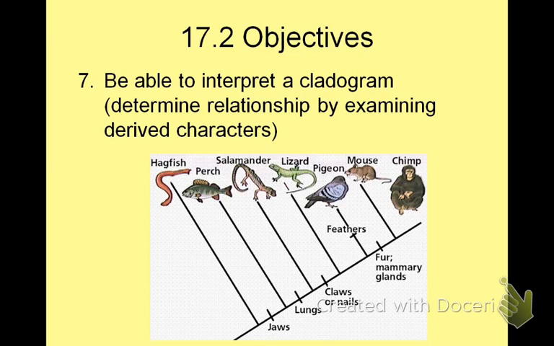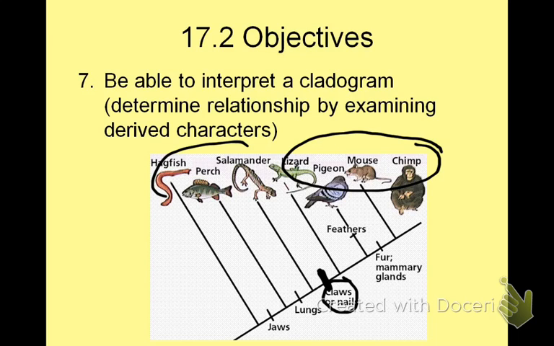Then we have claws or nails. The salamander doesn't have these. So this derived character divides the salamander, the perch, and the hagfish from the lizard, the pigeon, the mouse, and the chimp. So that divides the cladogram into two parts here.